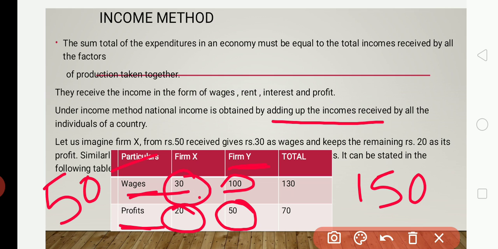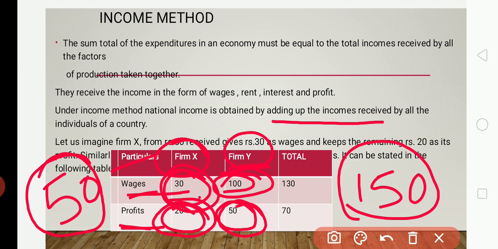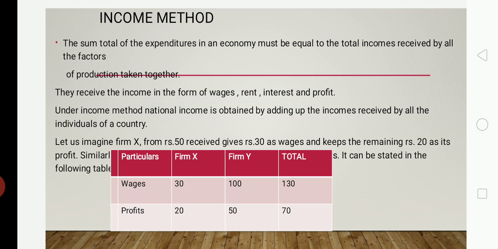Firm X is getting a total of 50; of that, 30 it gives as wages and 20 as profit. Firm Y gets a total money received of 150: 100 rupees as wages, 50 rupees as profit. These numbers are just an example for understanding, right?